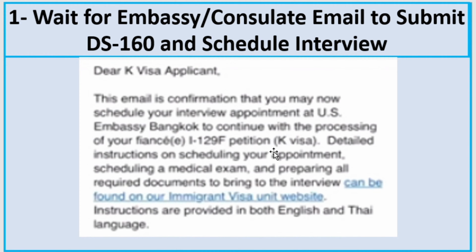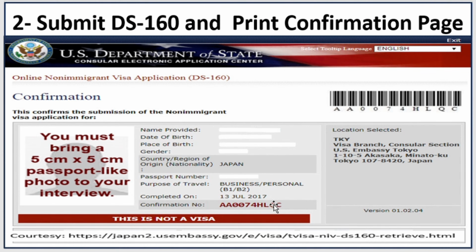They're going to send you an email like this one right here, telling you this email is confirmation that you may now schedule your interview appointment at the U.S. embassy or consulate in your country. Once you have this email, you can submit your DS-160 and print the confirmation page like this one right here.